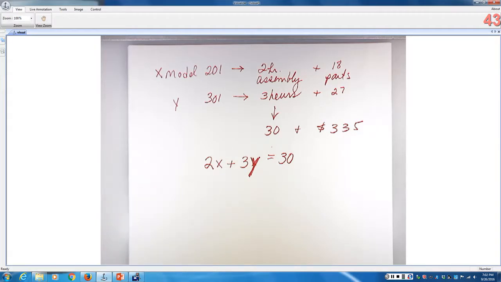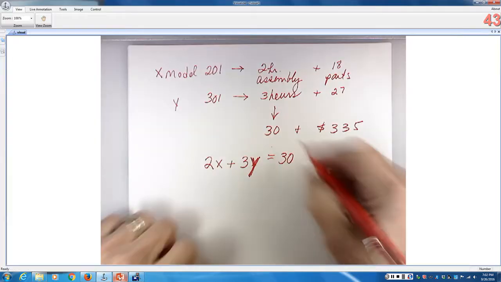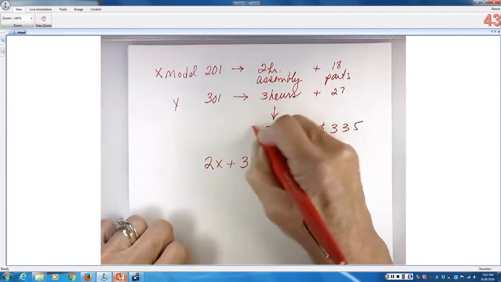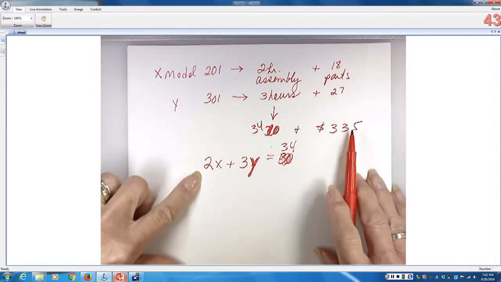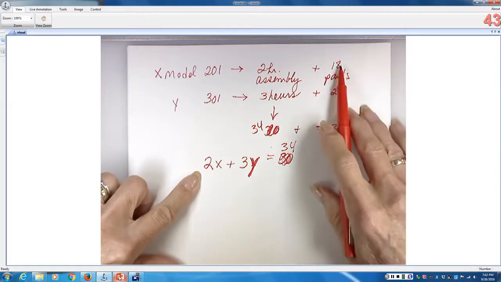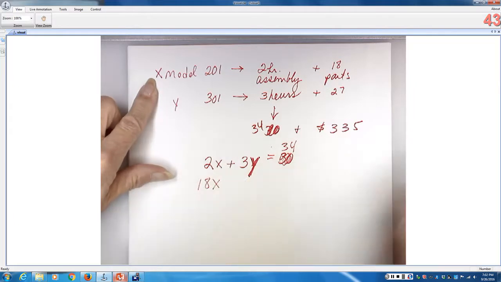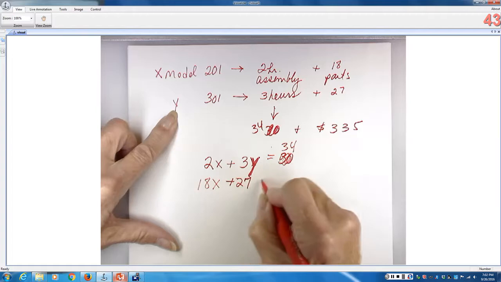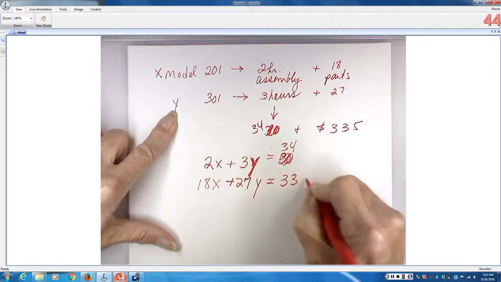Did I write it down wrong? Yeah, I'm sorry, you're right. I shouldn't talk and write at the same time. Okay, now the next equation is going to be about money. So $18 per X and $27 per Y. And they can't total out to more than $335.